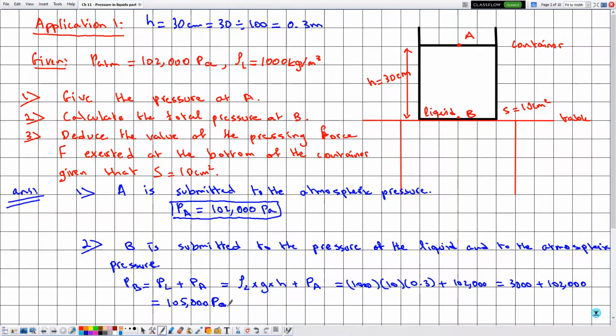So the total pressure at the point B is given by 105,000 Pascal. So here let me say that the total pressure at the point B is given by 105,000 Pascal.